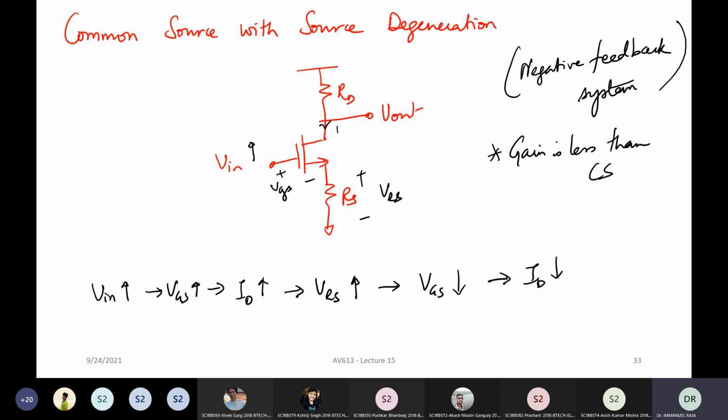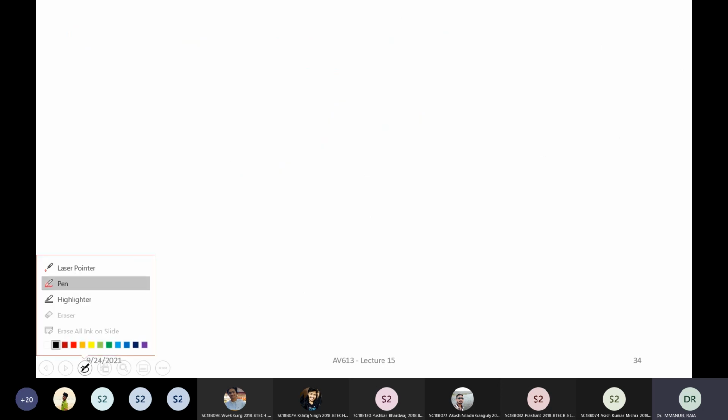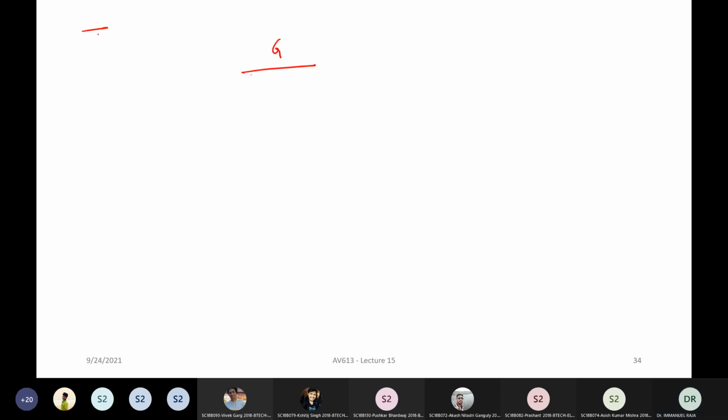And obviously the other benefits of feedback will also come into the picture. Now let us do the small signal equivalent circuit of this particular thing. How to draw it? First, this is the circuit.